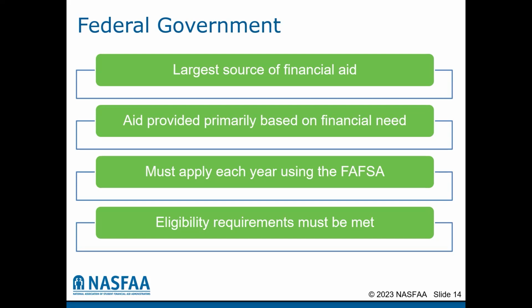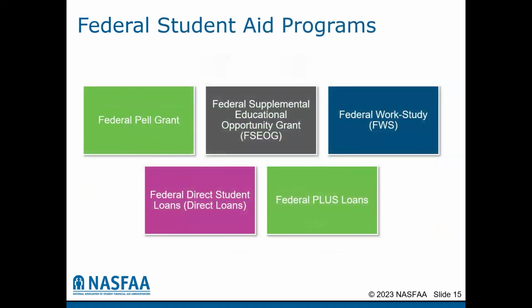They must be pursuing an eligible major. These programs or majors can consist of certificates, diplomas, associate's degrees, bachelor's degrees, or professional degrees. Federal student aid is divided up into several different programs.